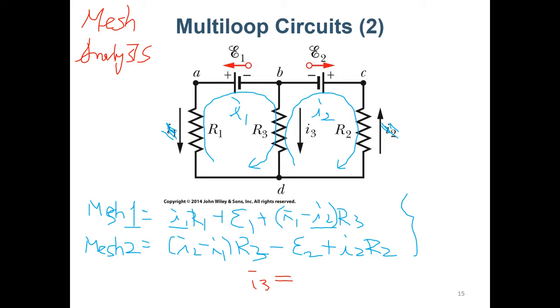I1 is going downward, but I2 is going upward. So it will be something like this. And as long as you know all the current going this way and this way, and this way, then you can know the voltage at different nodes, as long as you would like to know.